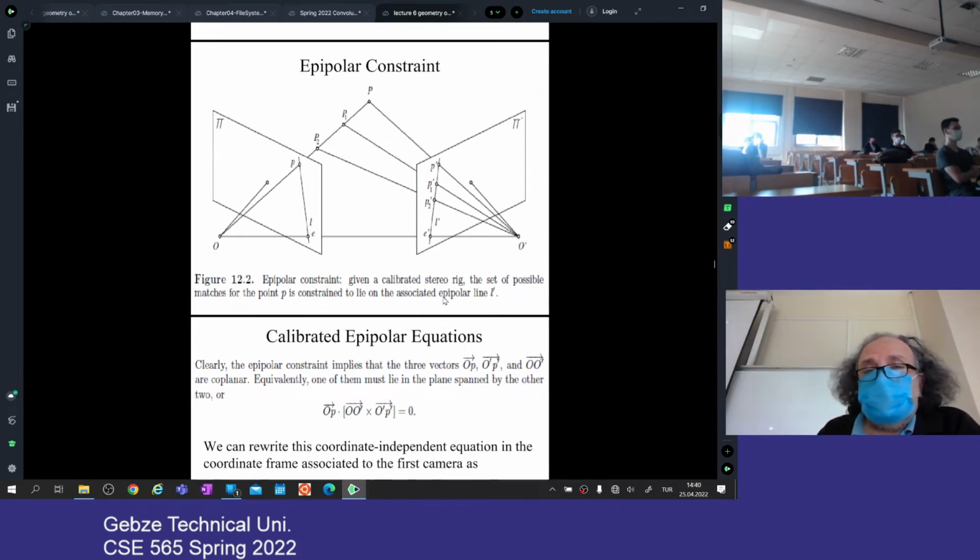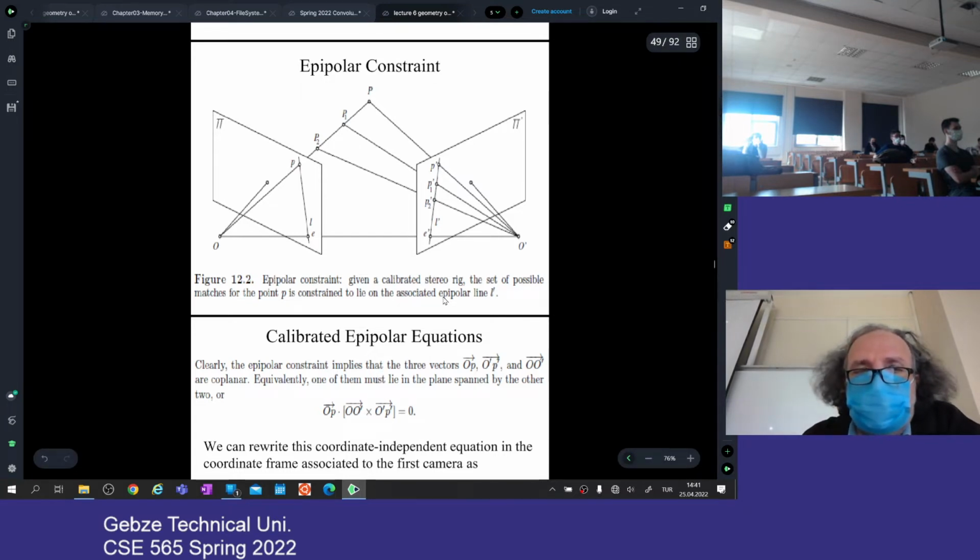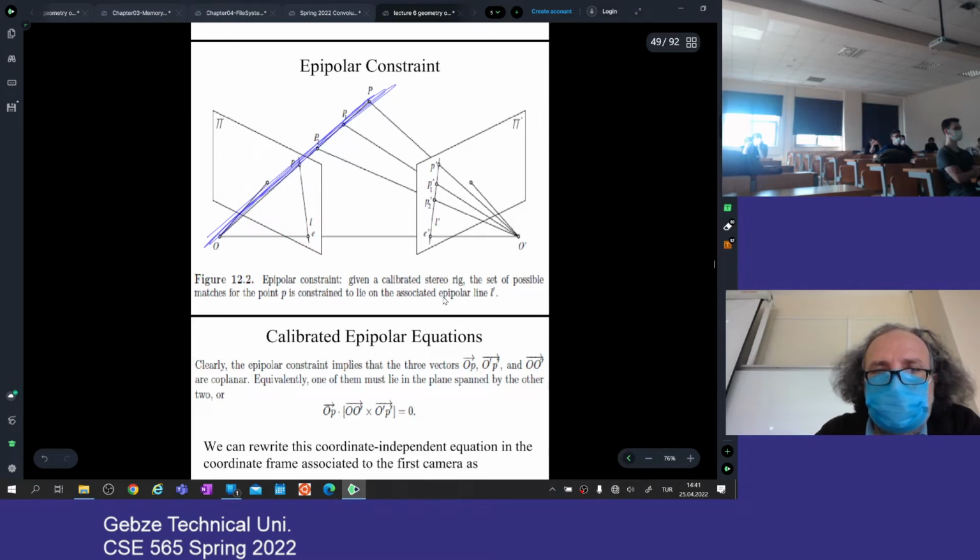We said that if these 3 points are on a plane, then if I take two vectors, vector number 1, this vector, and vector number 2 is this vector here, and vector number 3, let me use the green. Green is not a very good color here, but this vector. Okay, so I have 3 vectors.